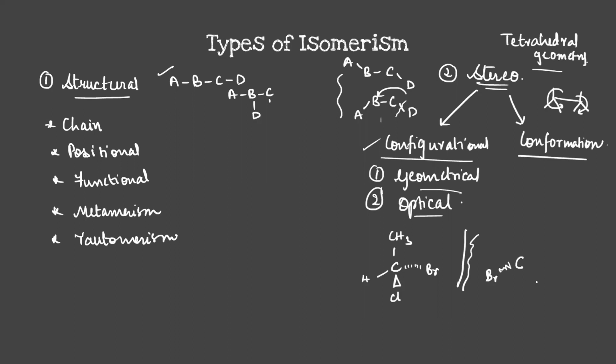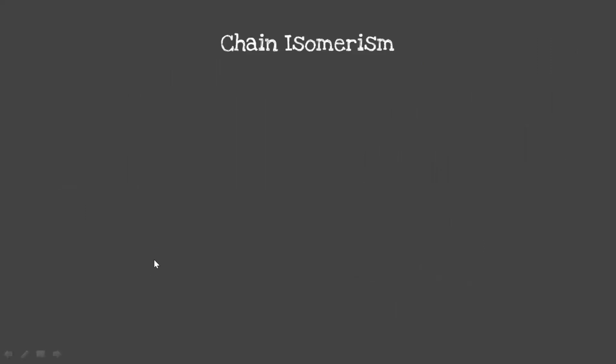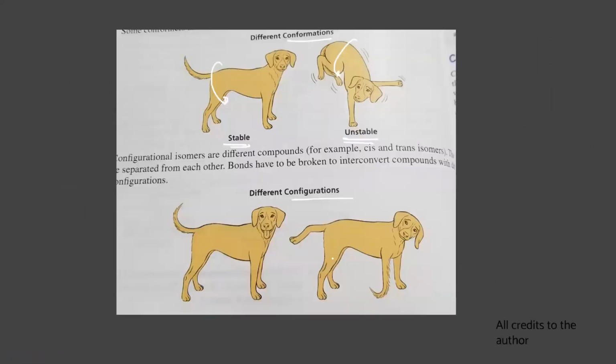Like this: Br, CH3, and then chlorine. Now, if you try to superimpose both of them, they are not going to superimpose on each other, because you can visualize this using the 3D structure of a tetrahedral atom. Now you have to break this hydrogen and place it here to get this structure. So such kind of isomers are configurational isomers. You can see here the tail is removed and kept in the place of the leg, and the leg is removed and kept in the place of the tail. So this is called configurational isomer.